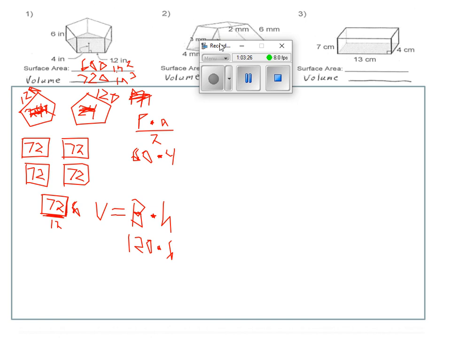How about the right end? 7 by 4. How about the front? 13 by 4. How about the back? 13 by 4. Is that right? No, something's wrong. The back's 13 by 7. So it's not 13 by 4 on this, it's 13 by 7.